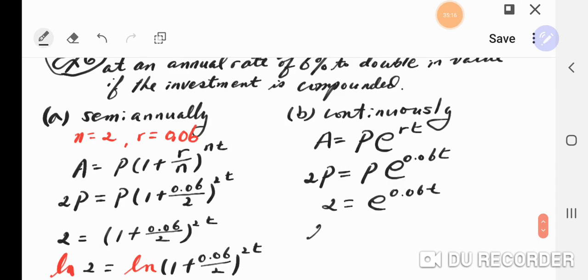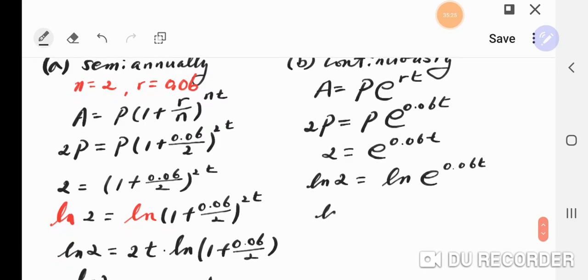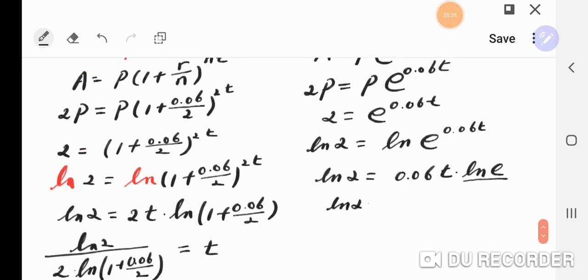Take ln of each side. Then we can take the exponent out. So ln 2 equals 0.06t times natural logarithm of e, and this natural logarithm of e becomes 1. So ln 2 is equal to 0.06t. Finally, you can divide each side by 0.06. So that's the value of t.